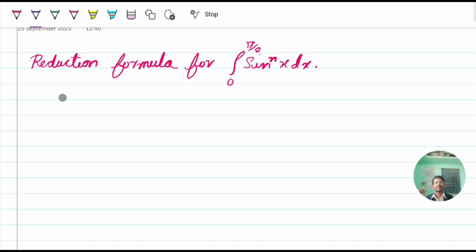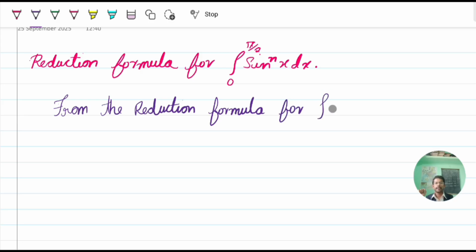Let us start from the reduction formula for integration of sine power n x dx.